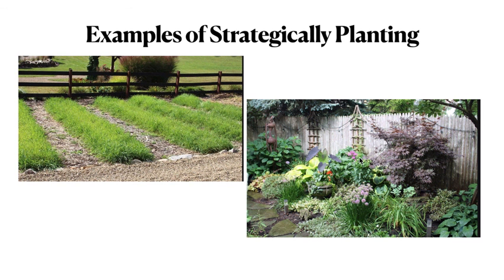So here's a really nice example. It is next to a wood fence, but you can see that around here it's really wet. So it's not so much of a slope, but it is placing some plants to help get rid of those standing pools of water.